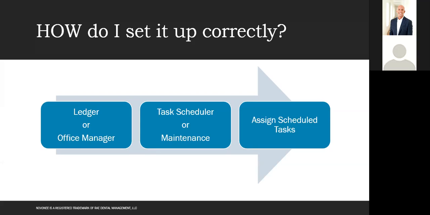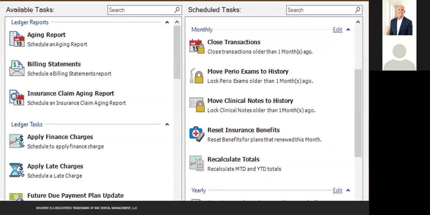So for those of you that are used to the old month-end process back in the day, you can go to the top of the ledger, you can see the month-end task scheduler, and you can open up the task scheduler from there. Or you can go to the office manager, click on maintenance, and then you'll find the task scheduler also under the maintenance tab. And then you need to assign the scheduled tasks. So that's what we're gonna look at next, is assigning the scheduled tasks.